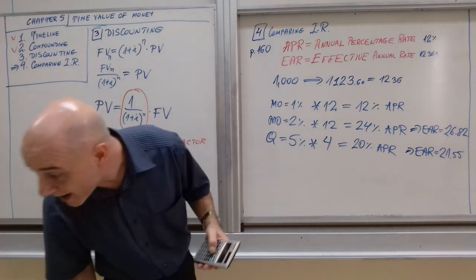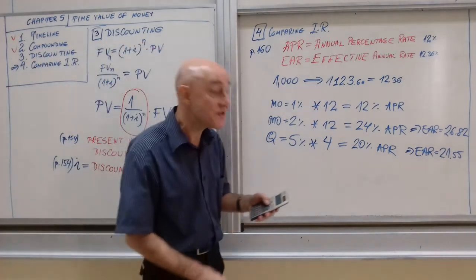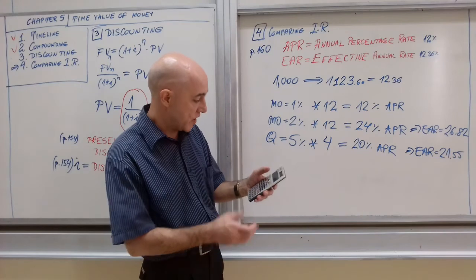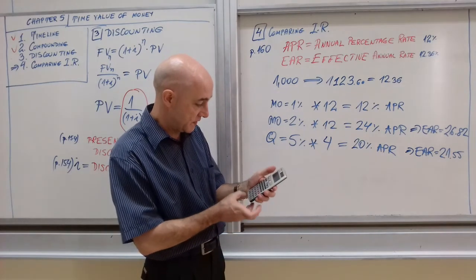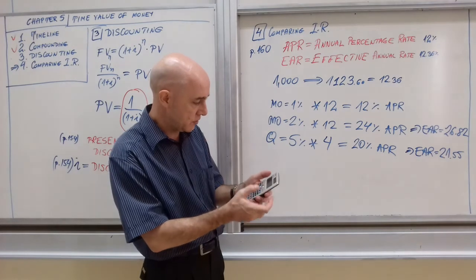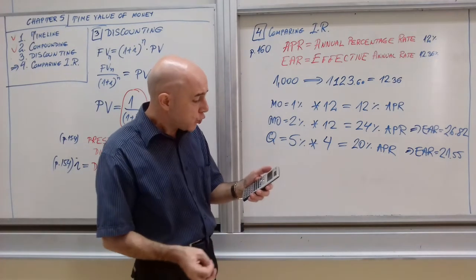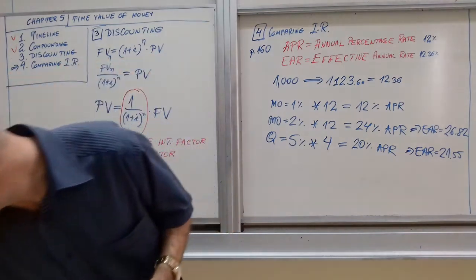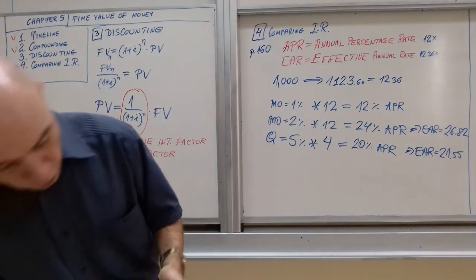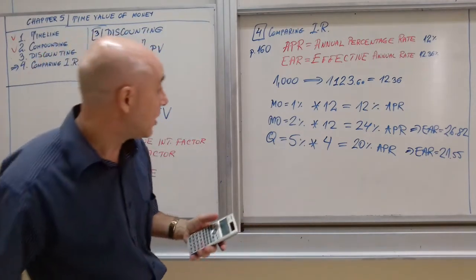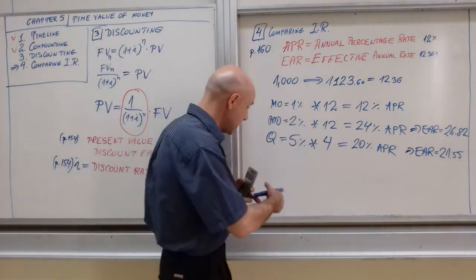Oh, they compound 365 times. Okay, I can try and do that and see what I get. 365. Enter. Show me the future value. 24.22. What do they get? Yes, 24.22.